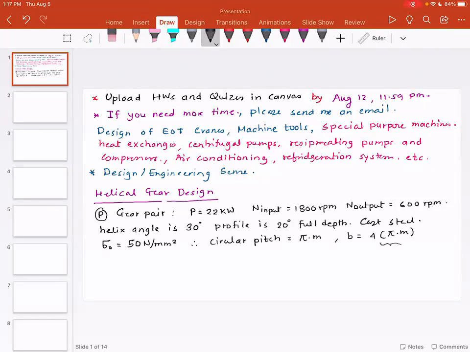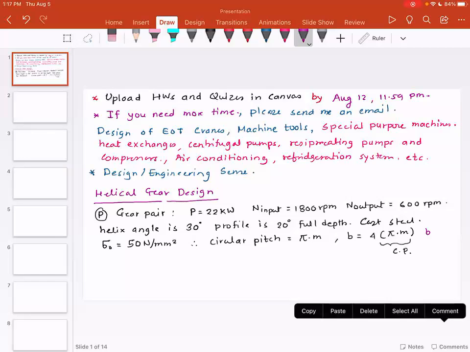So this is the circular pitch. And I want you to think about this relationship. If you look at pi as 3.14, approximately b is equal to 12.5 times m. So that's what this relation means.